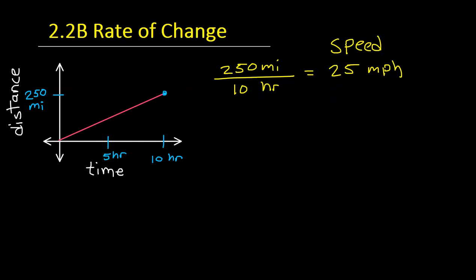Now, let's compare this to the slope of the graph. In general, we know that slope is the change in y divided by the change in x. So for this car, the change in y is right here. That's your 250 miles.